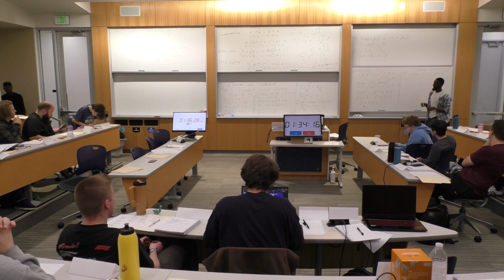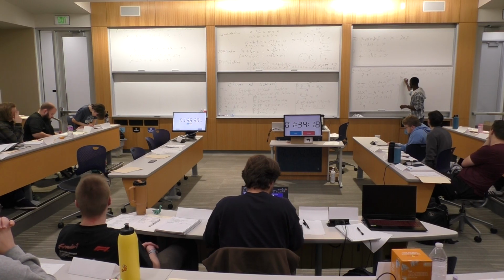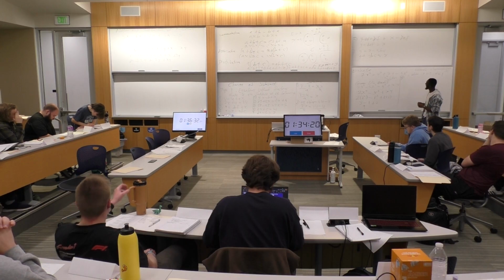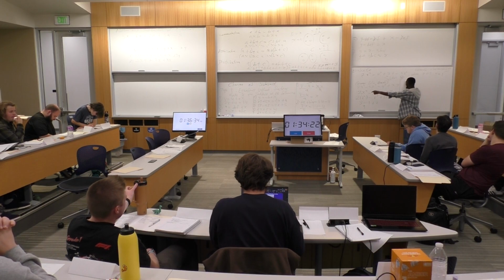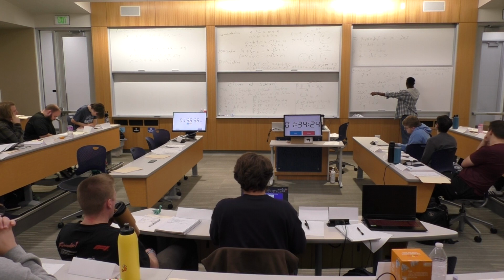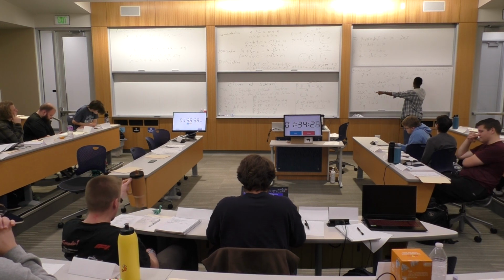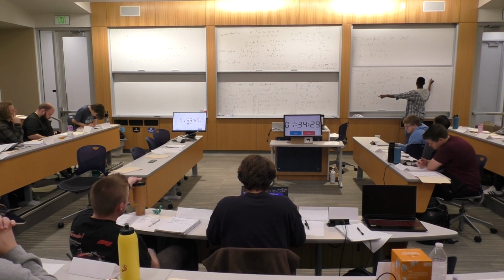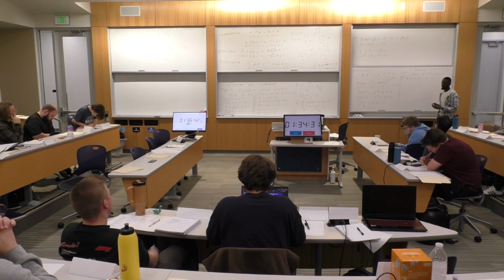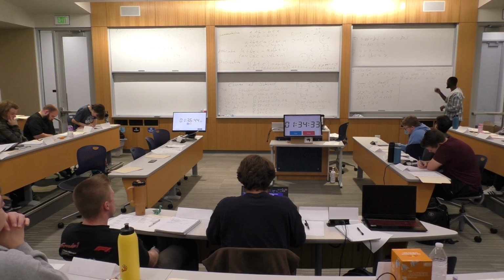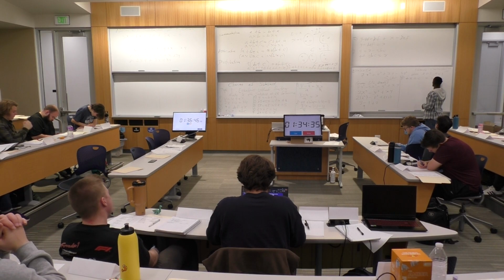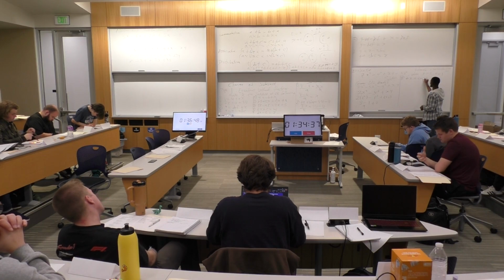So, number 8. We have 4x plus c equal to w, right? Just like we have been doing. To eliminate this here, you have to subtract c.